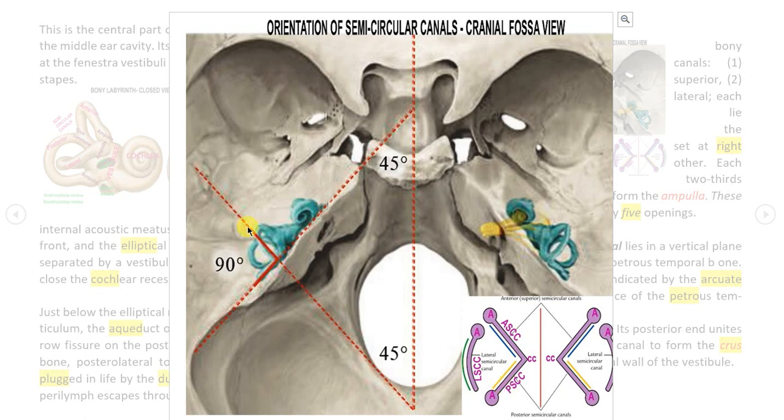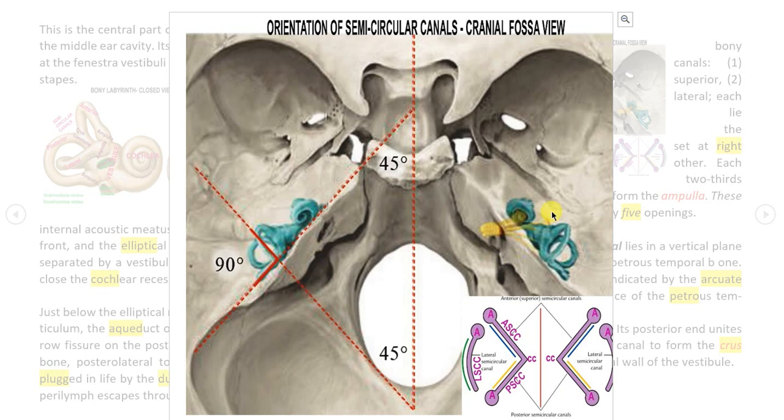Similar orientation is here. So this represents anterior semicircular canal and its plane. This represents posterior semicircular canal and its plane, and this transverse is lateral semicircular canal and its plane. They all are forming 90 degree with each other.